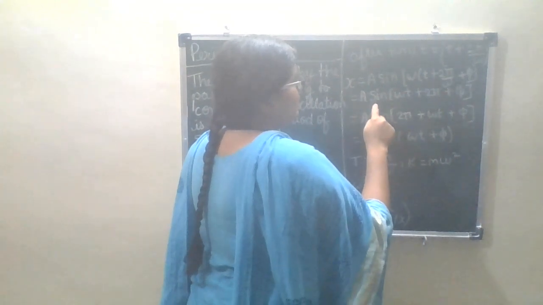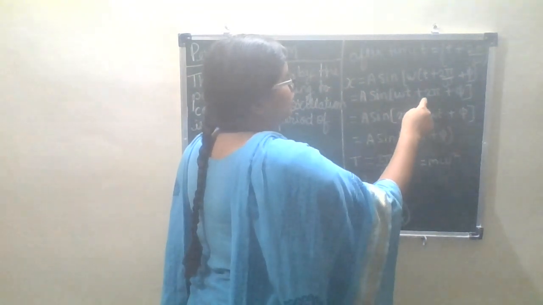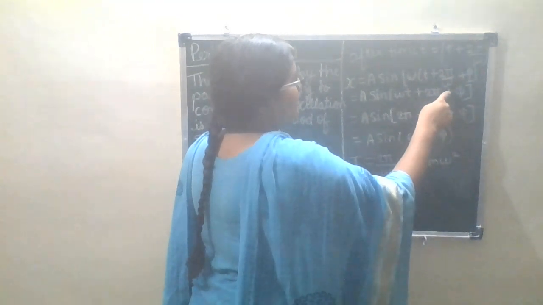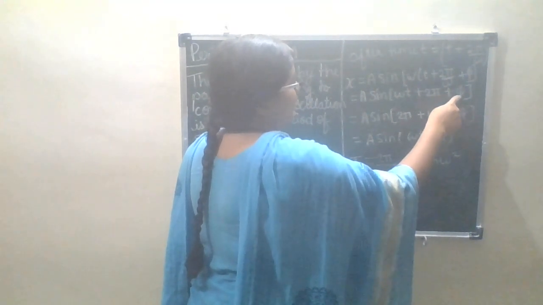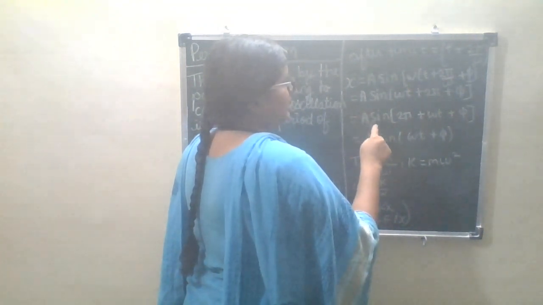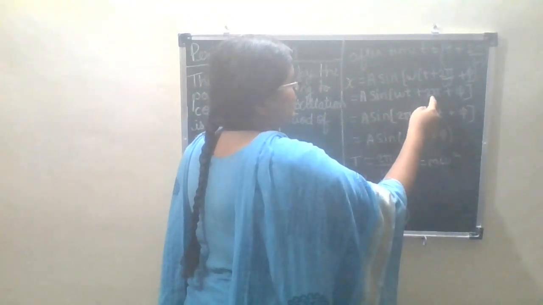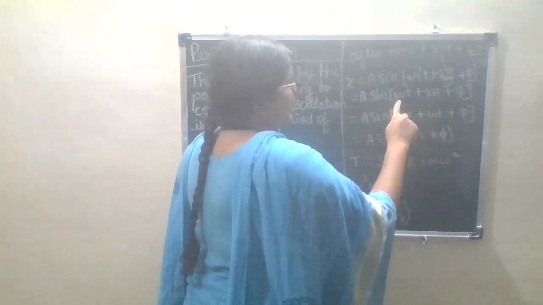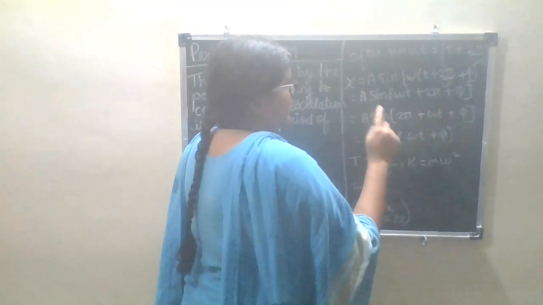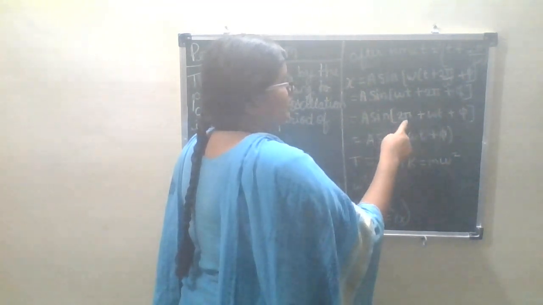Which is equal to a sine omega t plus 2 pi plus phi. I am taking the 2 pi on this side and omega t on this side. If here it is cos 2 pi, then there will be changes.